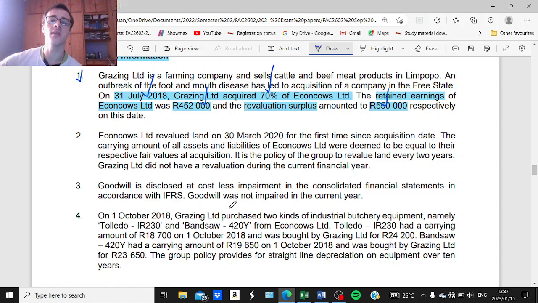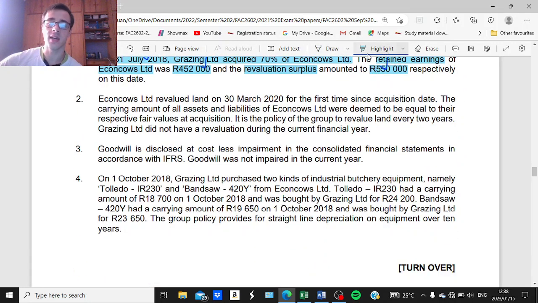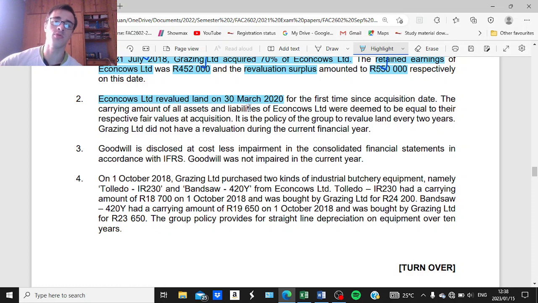Let us proceed to additional information point 2, which says that Econcals Limited, the subsidiary, revalued land on the 30th of March 2020, so just before the end of this year, for the first time since the acquisition date. So since the date of acquisition, there was only one revaluation in the subsidiary's records. All right, and that revaluation occurred within the current financial year.